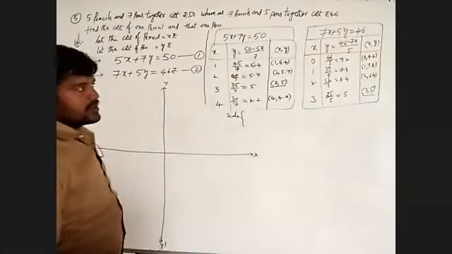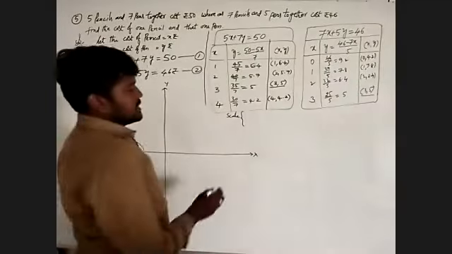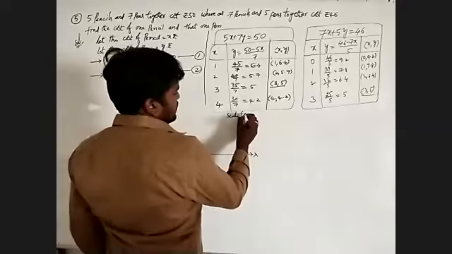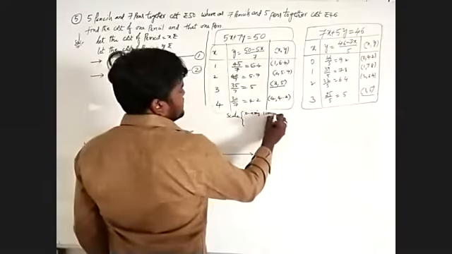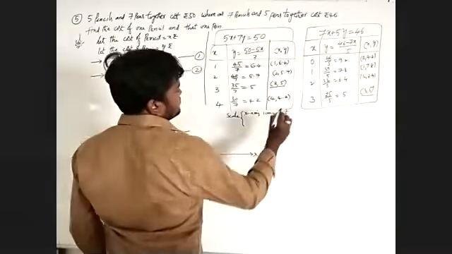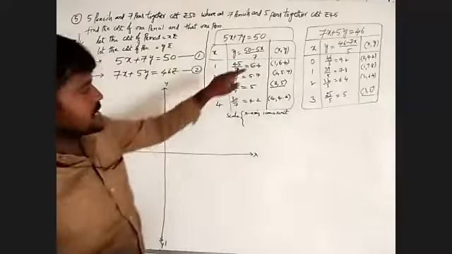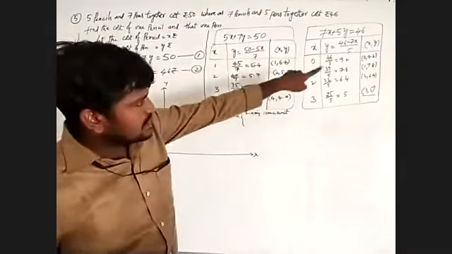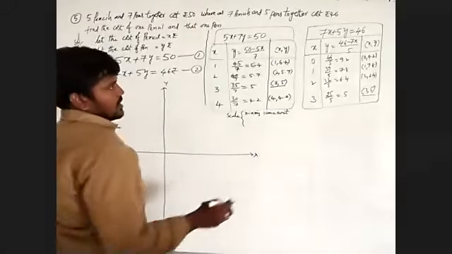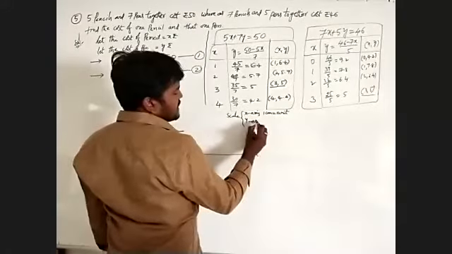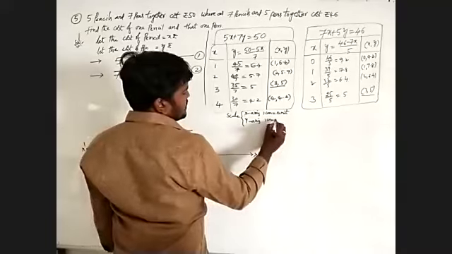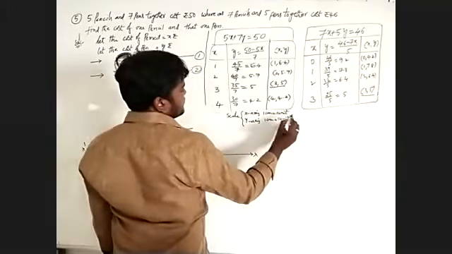We have to take 1 centimeter is equal to 1 unit on the x axis. After that we check the y axis. The largest one is 9.2. On the y axis, 1 centimeter is also 1 unit.